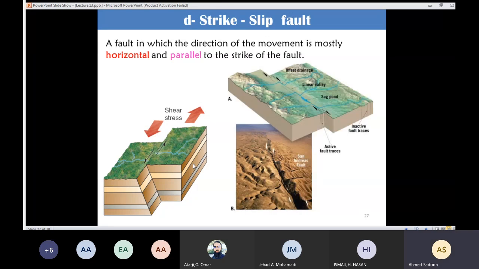So if I have that area here, this part is going to move in that direction, which is parallel to the strike direction. And this one is the real picture for that in the San Andreas fault. I guess this one is in California.